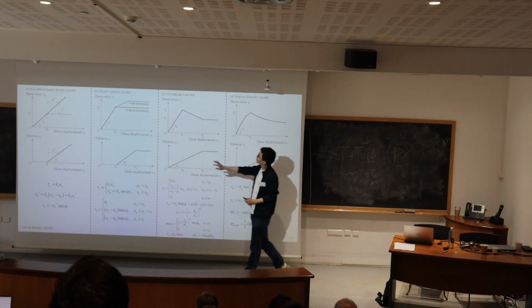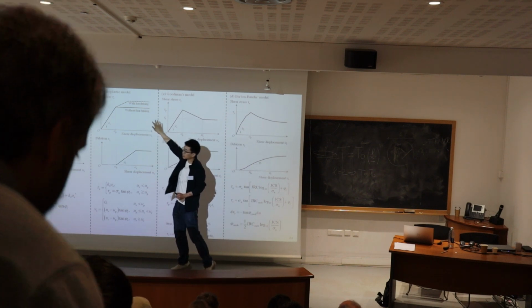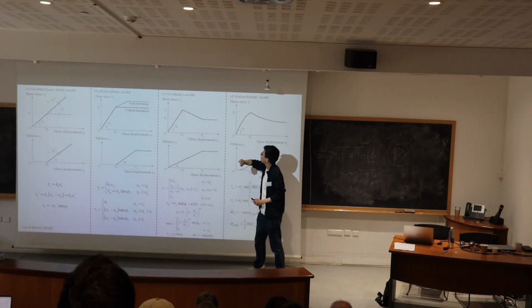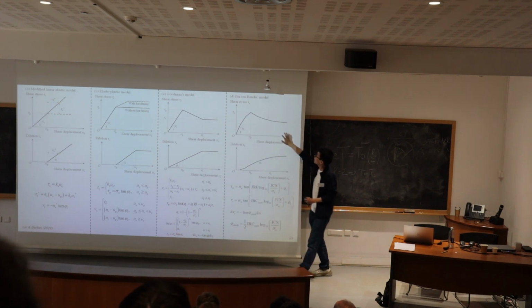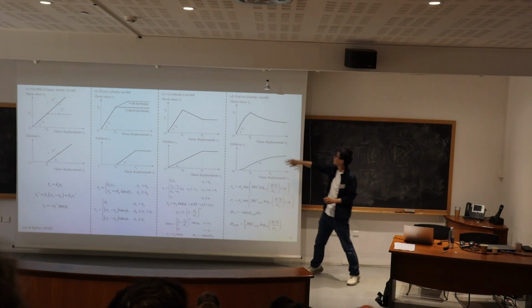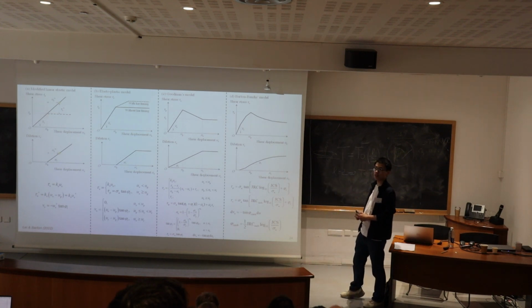The other is the elastoplastic model, which can capture this plateau behavior of the shear stress. Then the Goodman model can capture the softening behavior, and the Barton-Bandis model can capture more clearly the nonlinear behavior of the shear deformation.